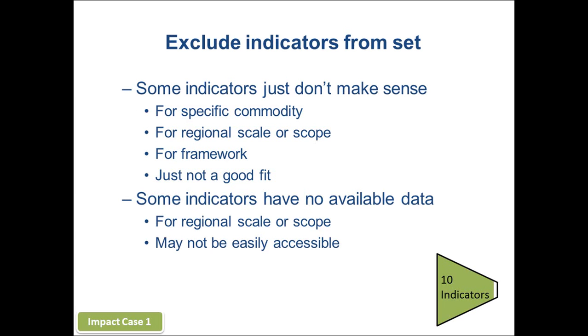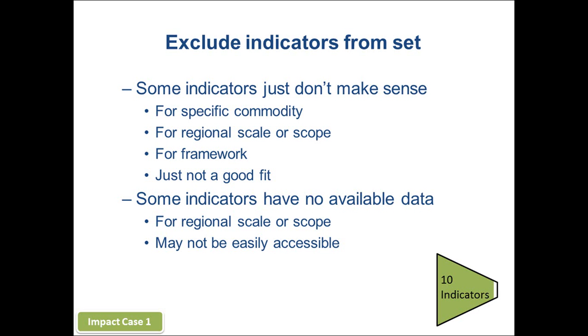For instance, maybe a chosen indicator makes sense in Southeast Asia, but not in Africa, or maybe the indicator that's chosen is measured at a countrywide scale, but doesn't have any affordable data at the global scale in which it needs to be measured. Or maybe an indicator just isn't a good fit for the framework in any specific context.